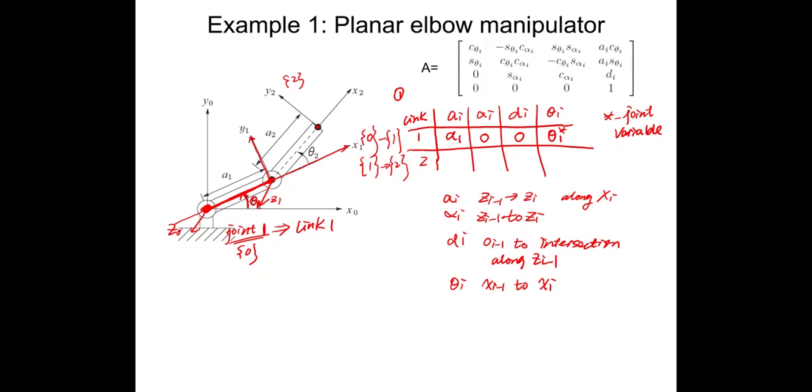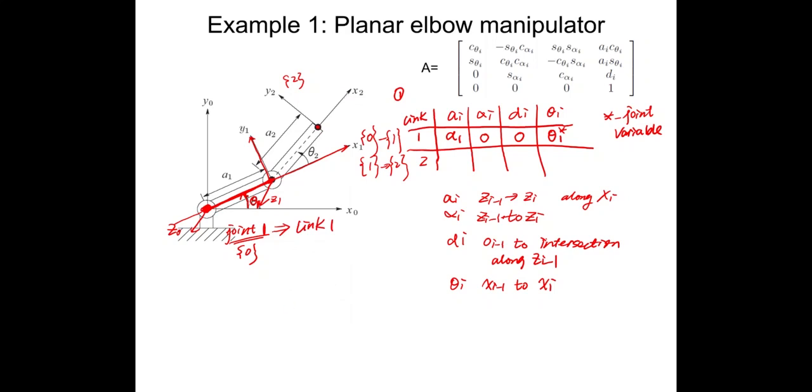Okay, and then how about the next step? The next step is from frame 1 to frame 2. Here I have my frame 1 and my frame 2, and frame 2 is the coordinate frame of the end effector.